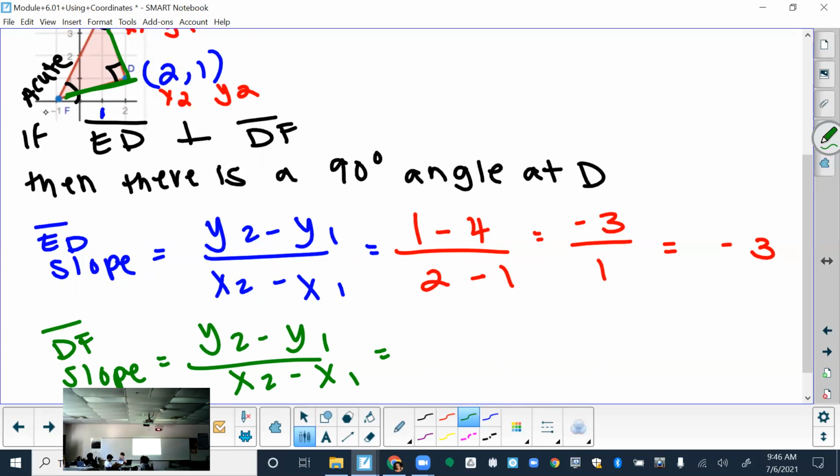I'm just checking your answer. If you got your slope for DF as 1/3, then you did it correctly, even if you switched up which one is which.